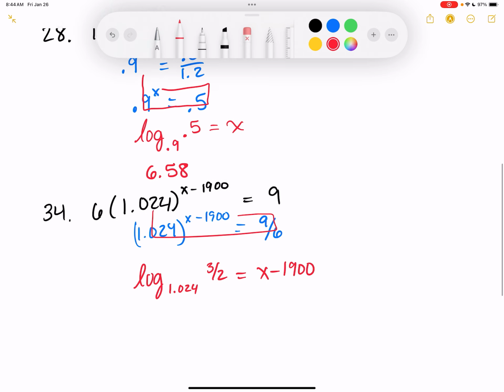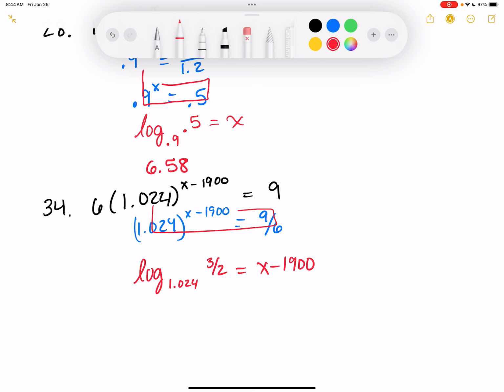I don't have the answers anymore, so you'll have to tell me what this is equal to. 17.09 or 17.1. We'll do 2 decimal places, so 17.09 is equal to x minus 1900.